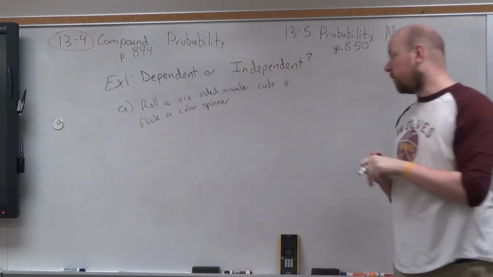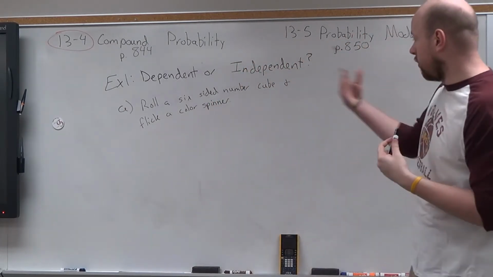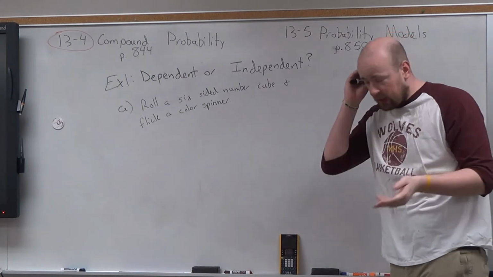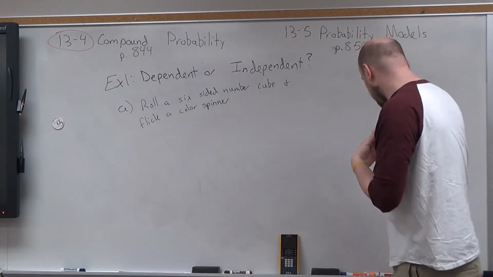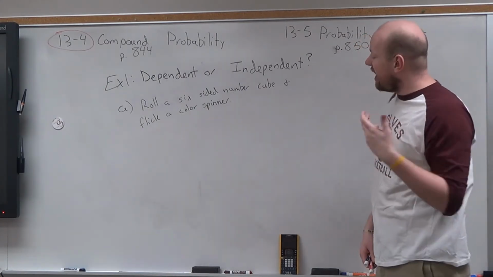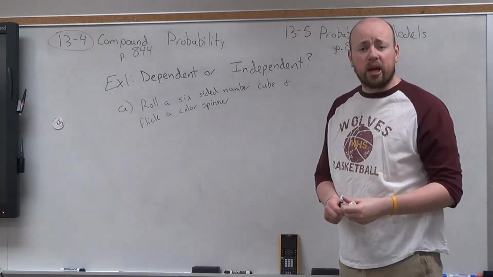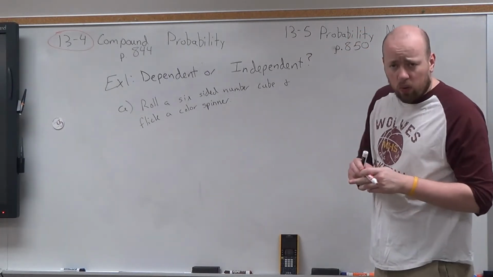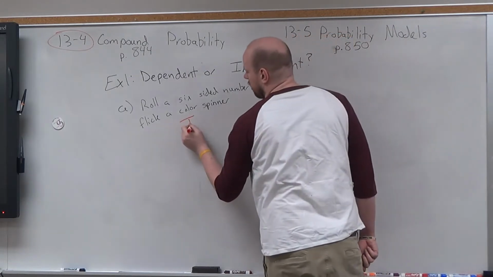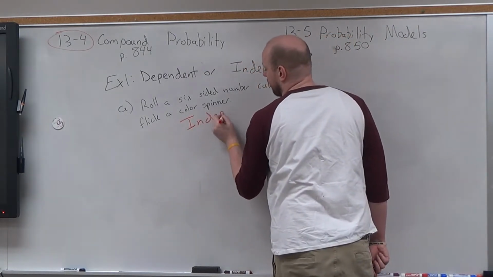Okay, so my 2 events would be rolling a 6-sided number cube, the dice, and flicking a color spinner. Now, if I roll a 4, does that influence whatever color my spinner would be on? Again, no. So these would be independent.